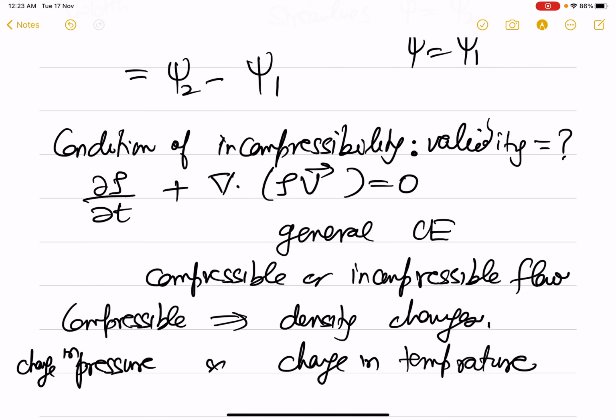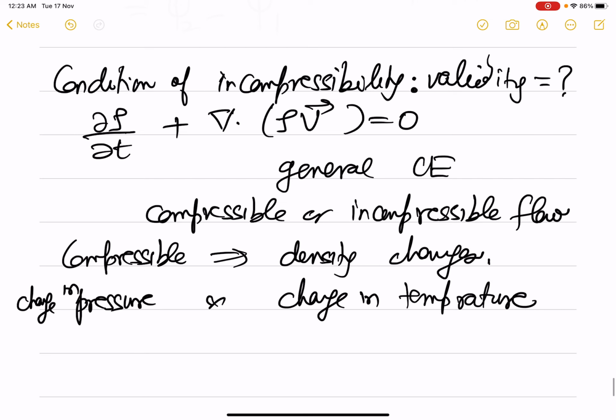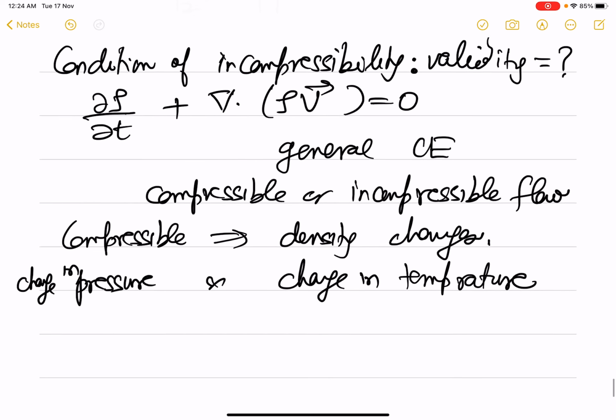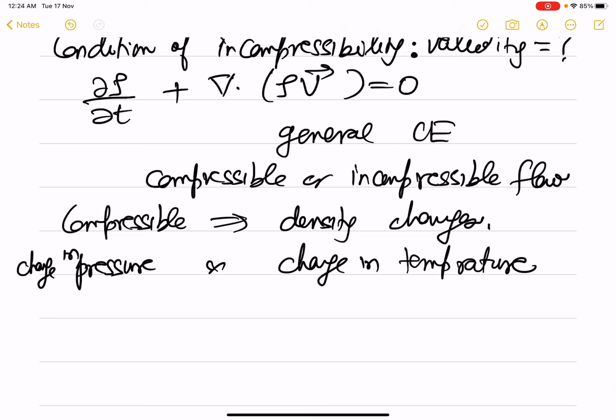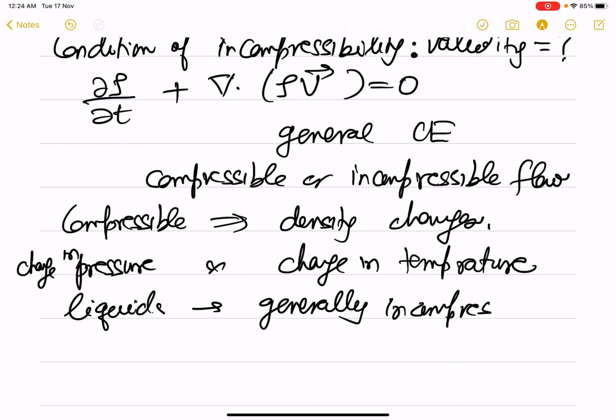Change in temperature, unless the temperatures change very drastically, density will not change. But a change in pressure can cause a change in density, and in particular, if we look at the flow, liquids are generally incompressible unless they are subjected to very high pressure, but gases can be compressible.